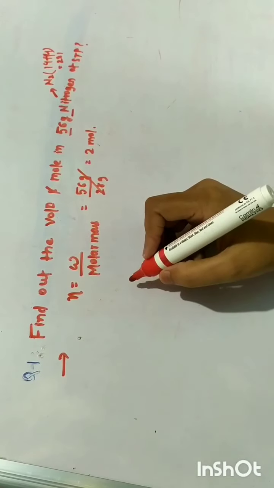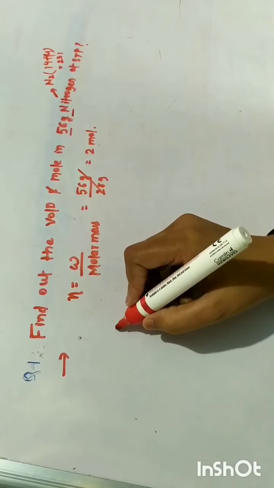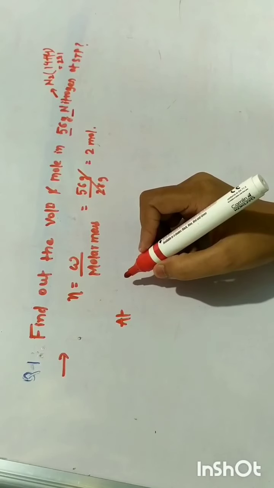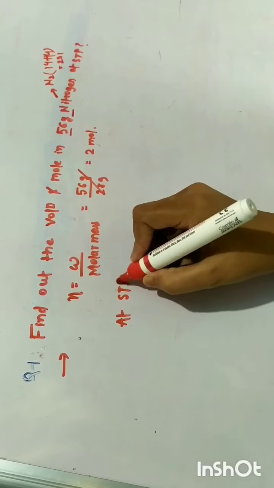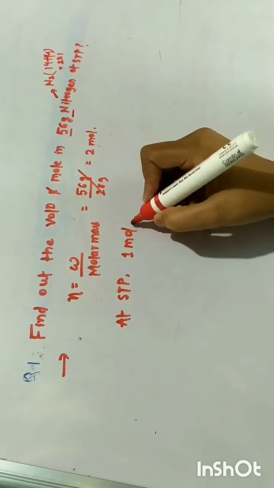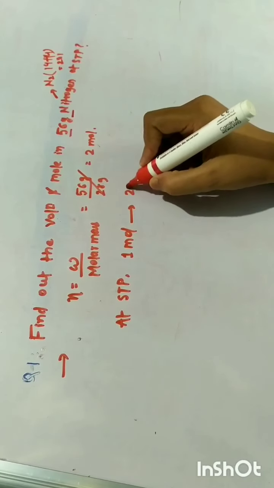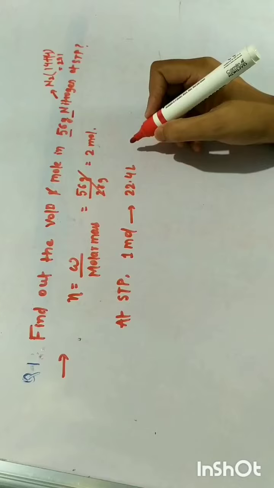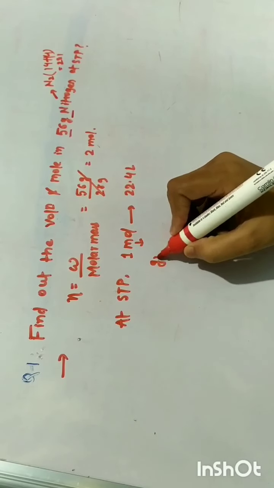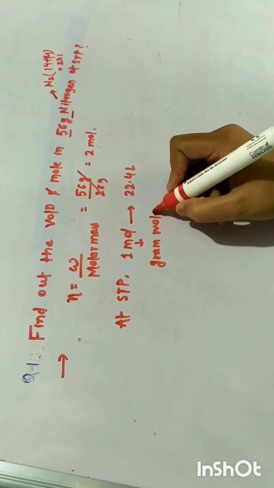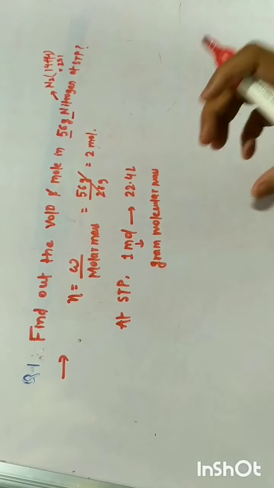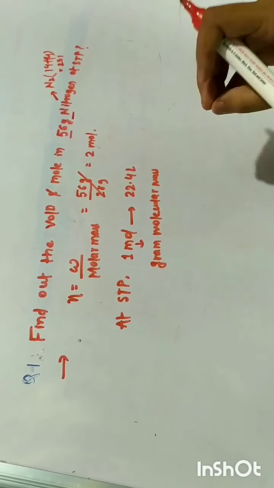Right? The next is volume. So we know that in case of gaseous substance, at STP, 1 mole of any gas occupies 22.4 liter in volume, and also 1 mole is equal to gram molecular mass. Gram molecular mass of a species is equal to 1 mole of that species.